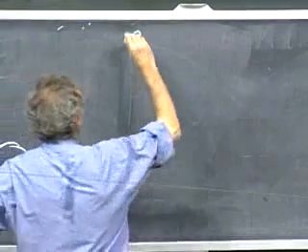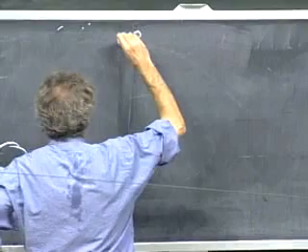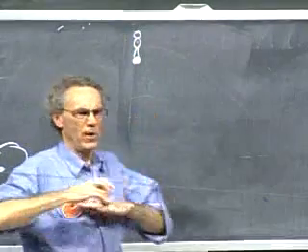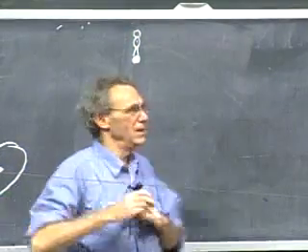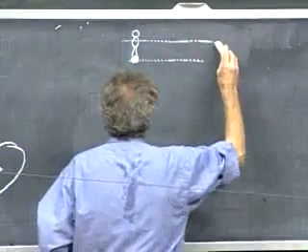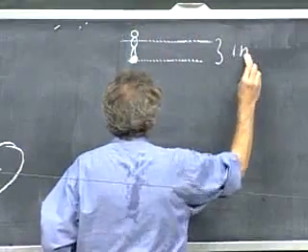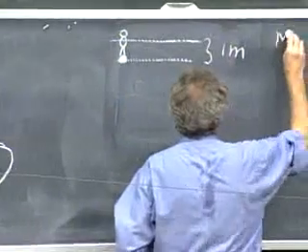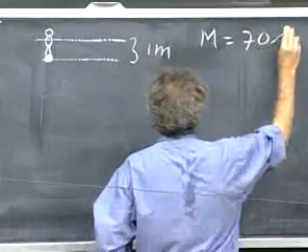Let the center of mass of the rope walker be right here, somewhere here. And let the distance between the center of mass and the rope be 1 meter, and let the mass of the rope walker be 70 kilograms.